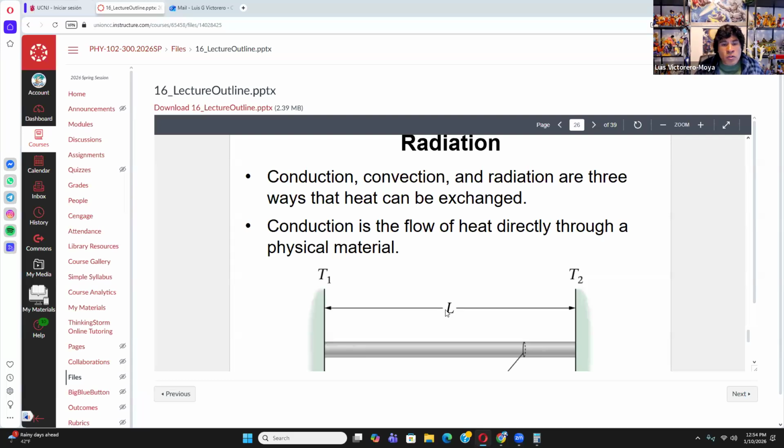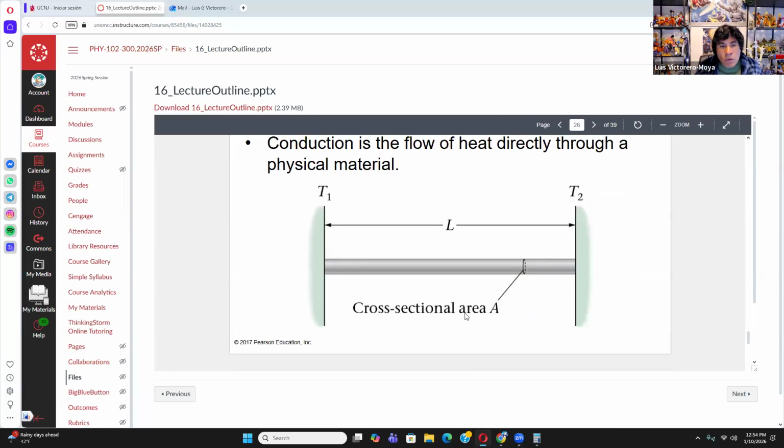It's proportional to the cross-sectional area, proportional to a constant that depends on the material, proportional to the temperature change, but inversely proportional to the length of the rod.